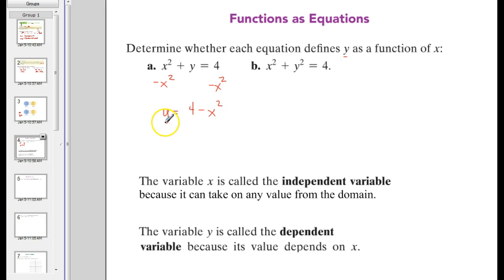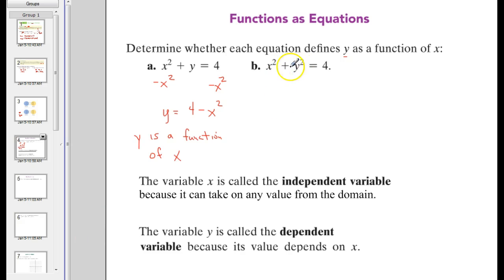I only get one y. There is no value for x that I can plug in, square, subtract from 4, and get more than one y. I'm always going to get just one number here. So this is a function. So we would say y is a function of x.